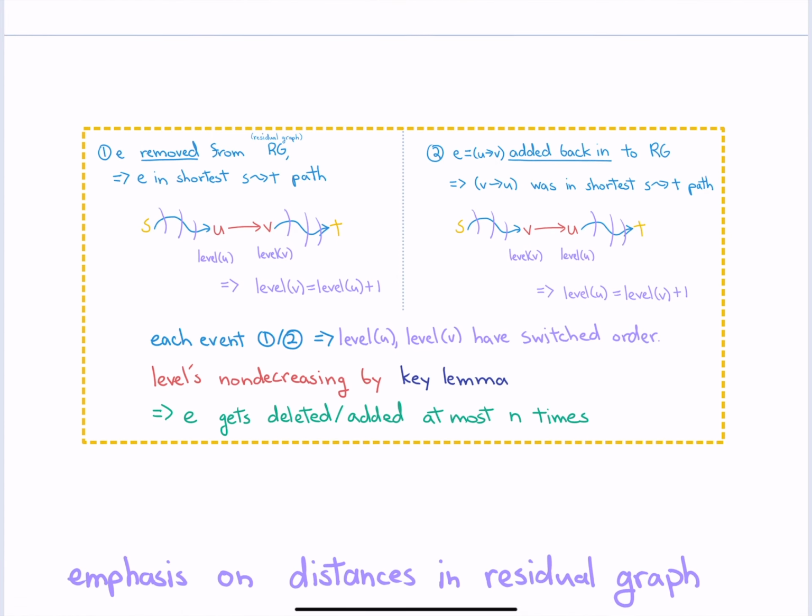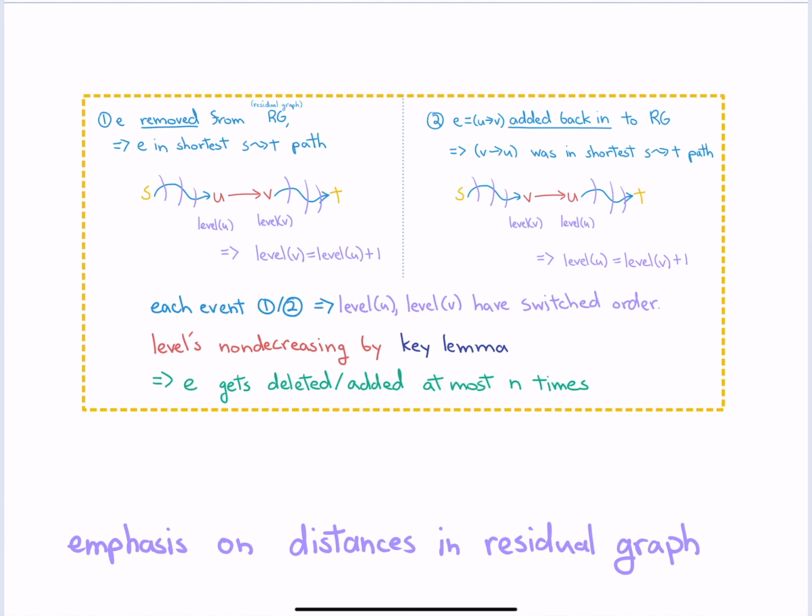And that led to these arguments where every time an edge gets deleted from the graph and reintroduced, two vertices must flip order in terms of distance from S and stuff like that. But there's all these distance-based arguments in the residual graph that allowed us to get a strongly polynomial running time. Which, I mean, in hindsight, it's still not obvious. I think it's bizarre in some ways that we're focusing on flows and the whole discussion was about distances.